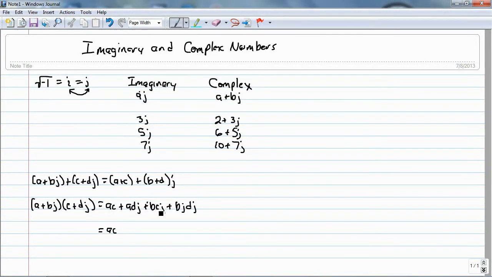I can add these two in the center. And this last piece here is BDJ squared.